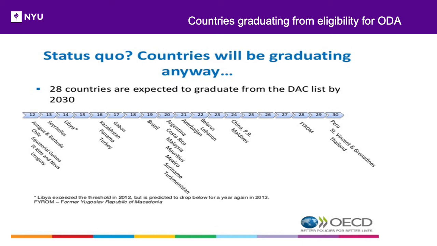In terms of official development assistance, looking at data from the OECD, and this is actually looking at several different countries, the OECD predicts that 28 countries are expected to graduate in terms of their income status by 2030 and move up in their rankings from lower to higher income tiers. So this shows us that countries are not relegated to low or lower middle income status.